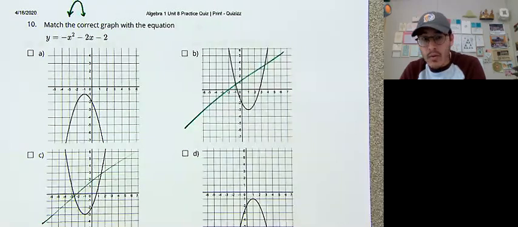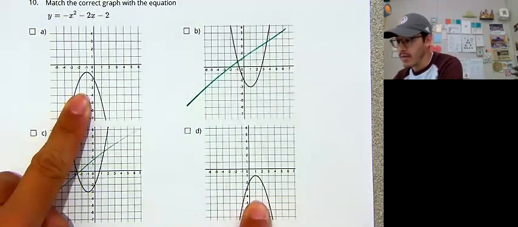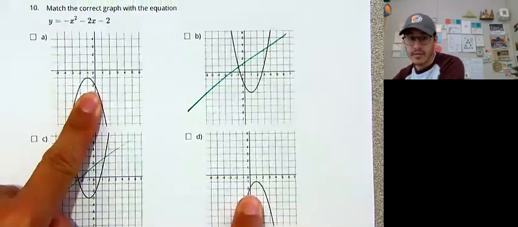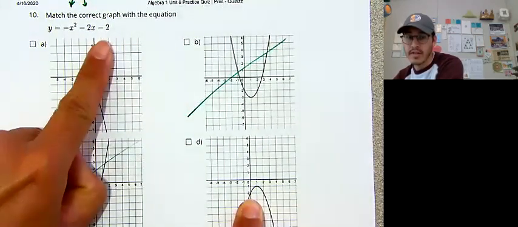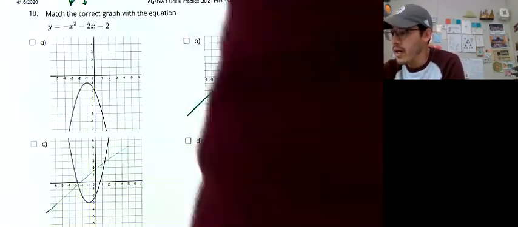Next, I might want to figure out where the axis of symmetry is. If I look at these 2 graphs, they have the same y-intercept at -2, which makes sense because that's the constant in the function, so that doesn't really help us differentiate the two.